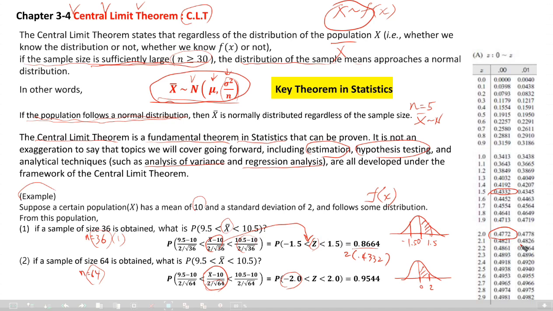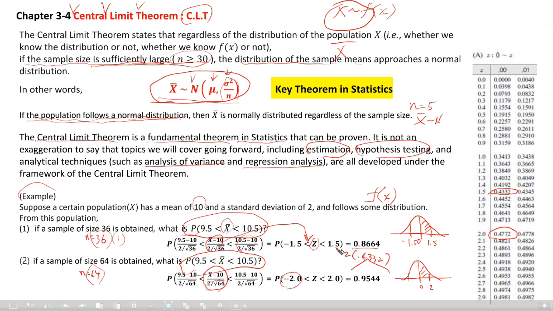Multiplied by 2, it is 0.9544. Okay, bigger than this. It will be related to interval estimation in chapter 4, but you just see this result. We want the same probability for x bar, but with a different sample size. In that case, the probability is bigger.